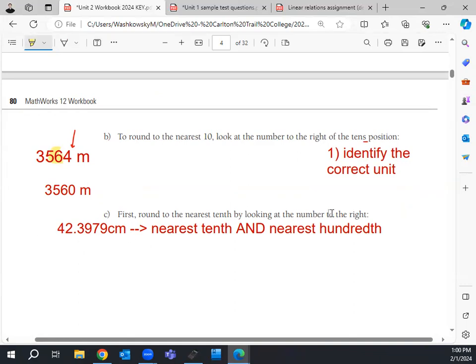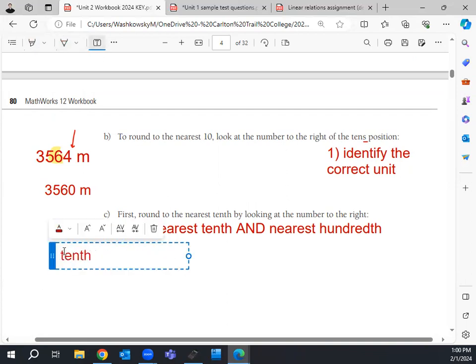If I'm doing the tenth, I can see it as a T-H. That means the part I care about is going to be this 0.3, right? So next I'm going to look at the number that's to the very right of it. It's a 9. If it's a 9, it's going to round up.